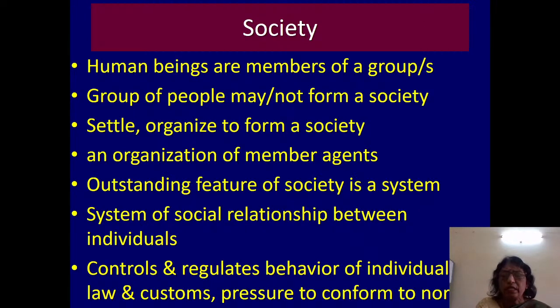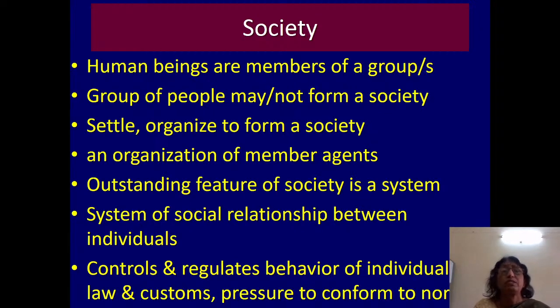etc. So it is like controlling and regulating the behavior of individuals by law or customs, and pressure to conform to norms, whatever norms are there. Like if you are residing in a society where in the apartments they say that you have to come by 10 p.m., otherwise you have to tell the gate night watchman.